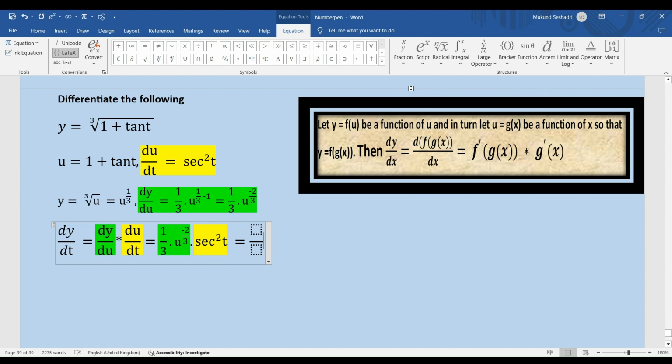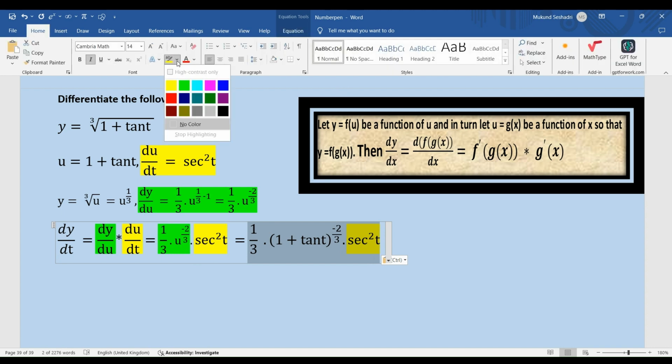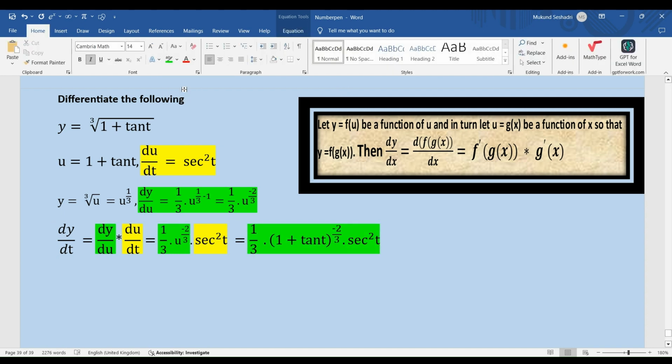So 1 by 3 times u to the power minus 2 by 3 is 1 by 3 times 1 plus tan t to the power minus 2 by 3, and then I have my secant square t, which I write as it is. So there I have my final answer expressed in terms of t, which is 1 by 3 times 1 plus tan t, the whole power minus 2 by 3, into secant square t.